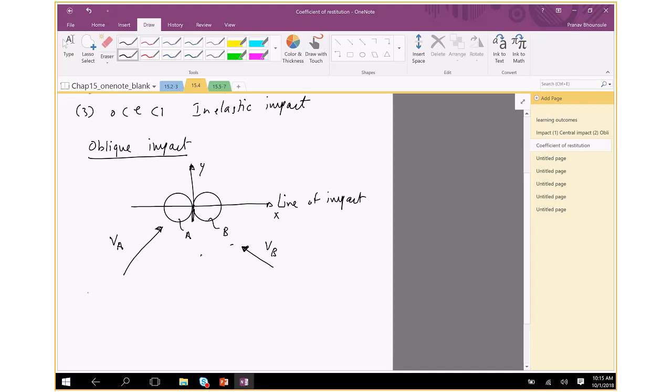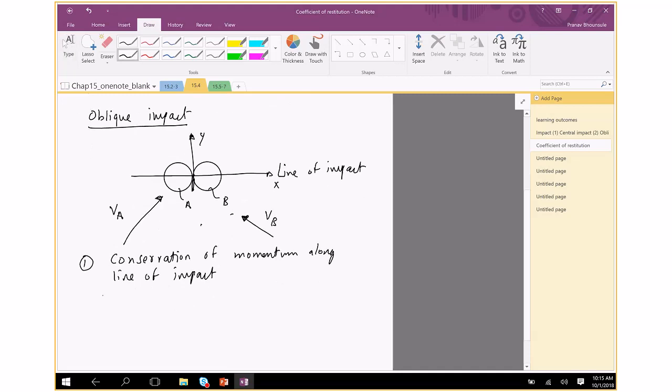So these are the four equations. They come from conservation of momentum along the line of impact. I'm going to denote VAX and VBX to be the velocities along the x-axis as I've shown here.